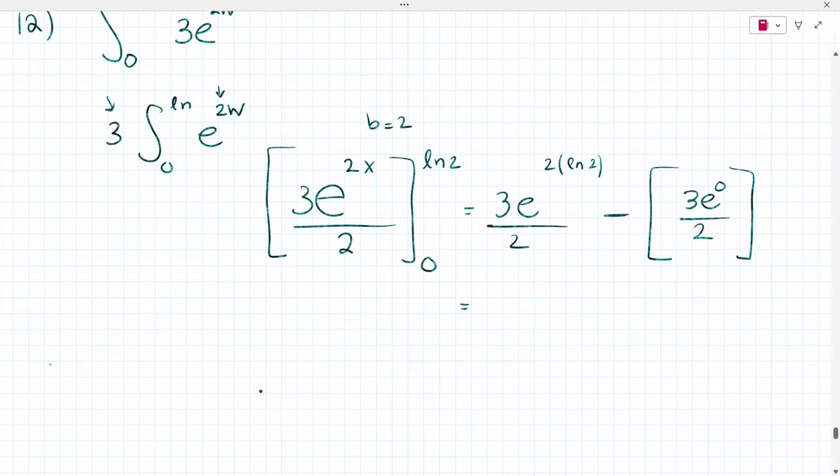And then this is going to be 3e, and then this is going to be 2 ln of 2 over 2 minus 3. e to the 0 is 1 over 2.